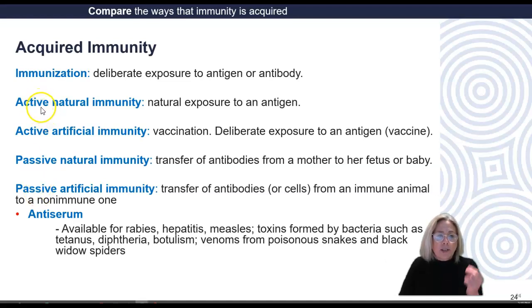Okay, so the first one is active natural immunity. With active immunity, it's your immune system that's doing all the work, right? So active natural immunity is natural exposure to an antigen, whether that be COVID or measles or chickenpox or whatever it is, right? If you are naturally exposed to that antigen and you haven't been vaccinated, then you're obviously going to get sick, right?